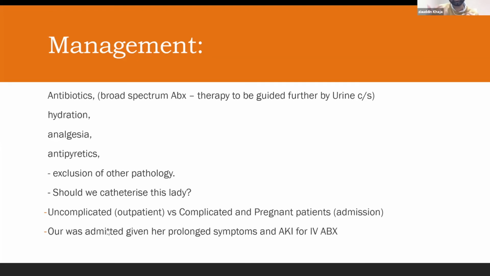The question I would be asking is, will this patient that I'm going to discharge be able to manage at home? If you think she would be able to manage at home, and with your initial treatment she's getting better, then you can safety net her, saying that if things worsen, she can always come back, and you can discharge her.